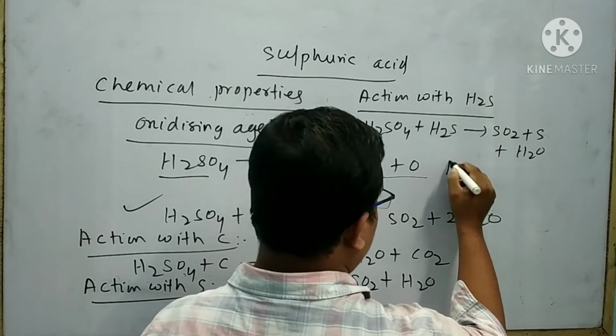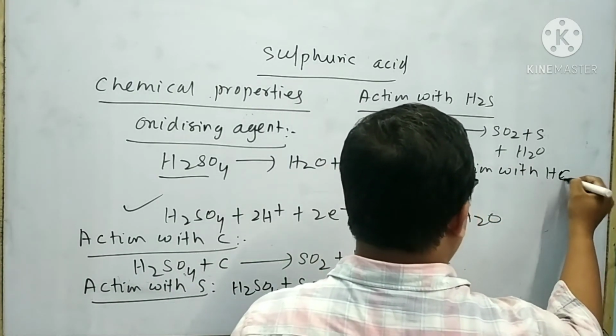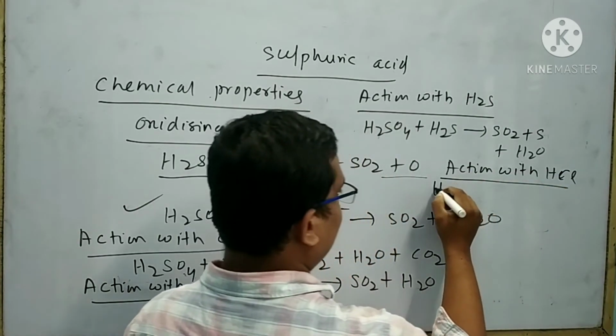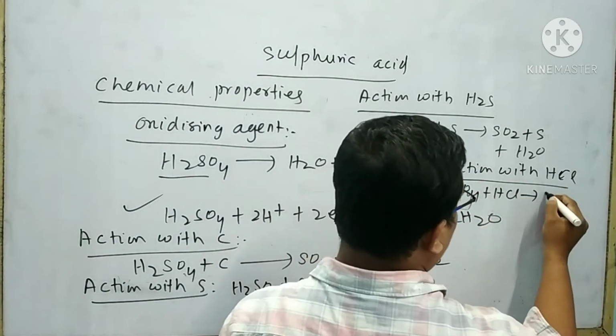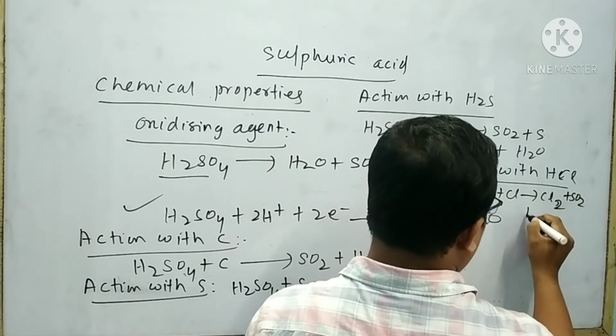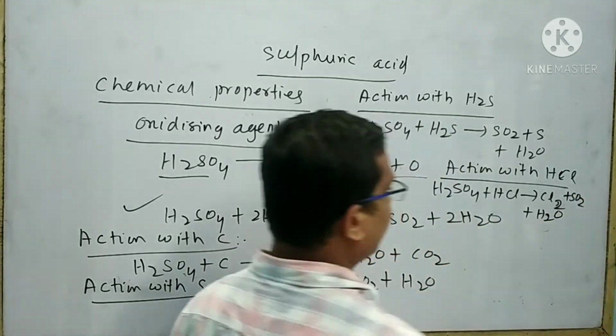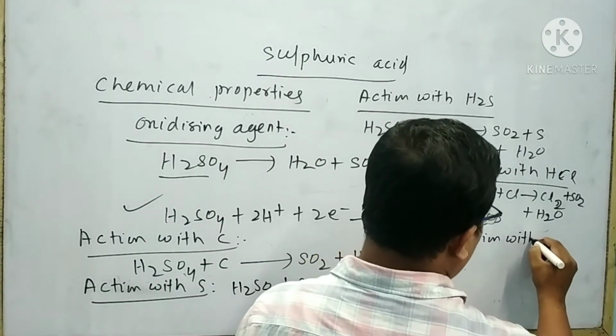Next reaction is the action with HCl. When sulfuric acid is subjected to reaction with HCl, then chlorine, sulfur dioxide and water are formed. Next reaction is the action with KI.